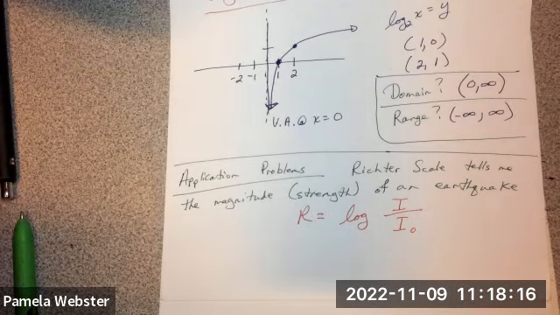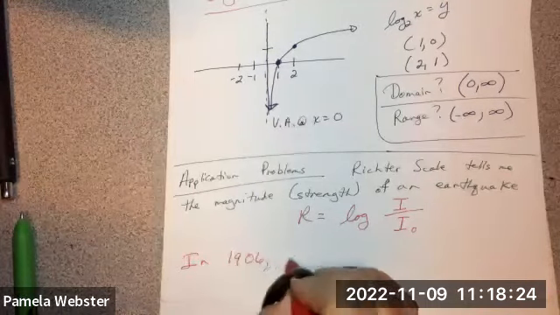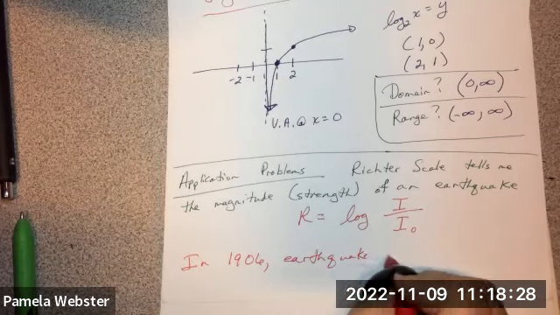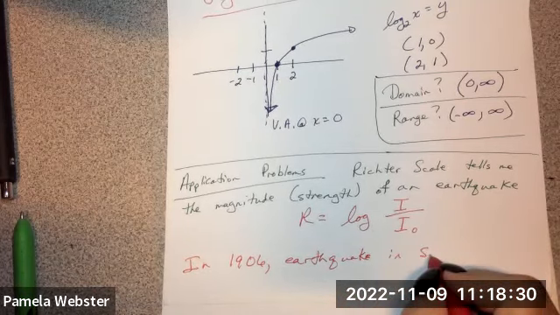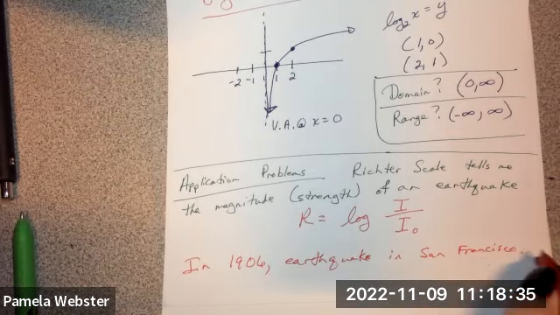So the problem says there was an earthquake that destroyed San Francisco in 1906. It knocked down all kinds of buildings and they had to rebuild.